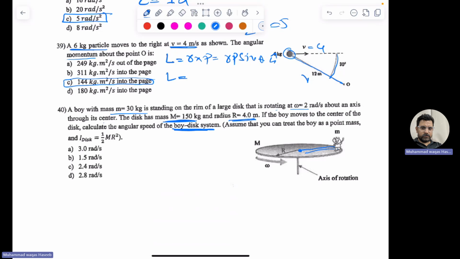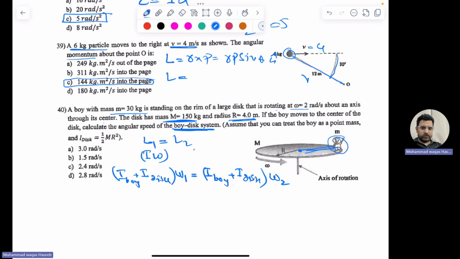Now we're going to apply the conservation of angular momentum, which is L1 equals L2. Angular momentum in terms of angular velocity is I omega. So the angular momentum prior to the movement of the boy is I boy plus I disk, and they are moving with the same angular velocity, times omega.